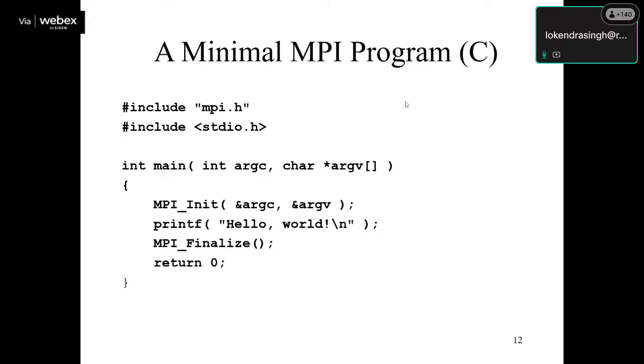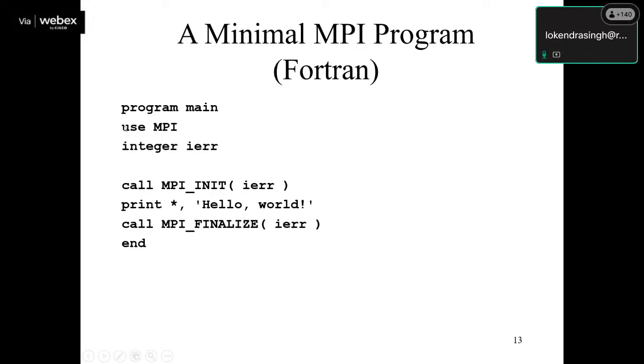Here you can see we have include MPI.h, then initialize MPI, then finalize MPI. The remaining things are the same as in the C program. Same here: you have to use MPI, then call MPI INIT, which means initialization of MPI, then finalize means you have to close the environment. The remaining code is the same in Fortran.